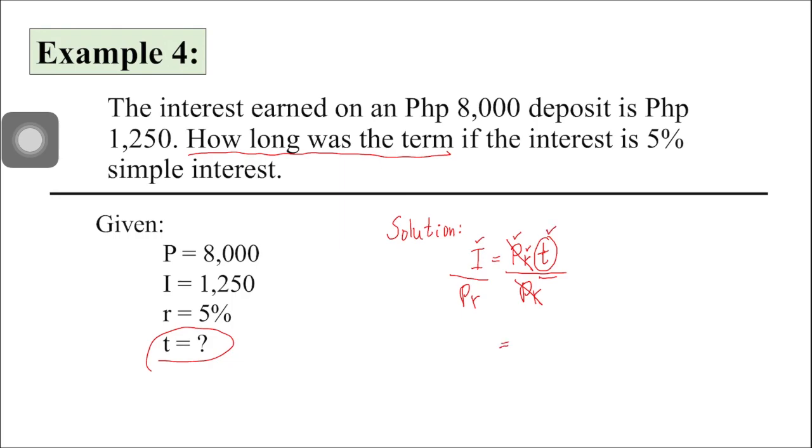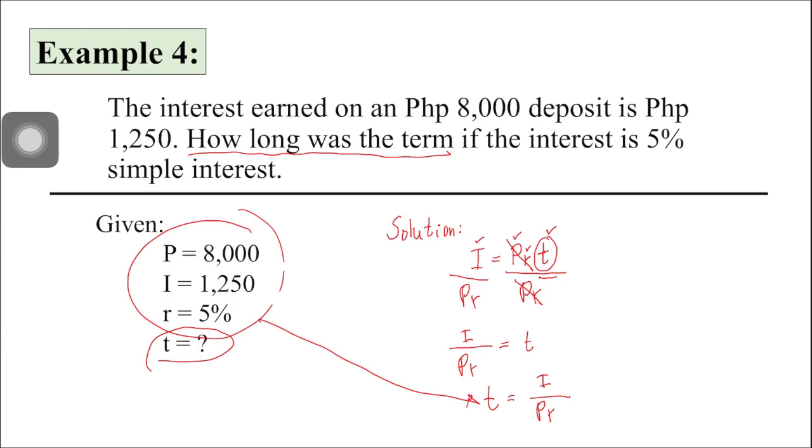So, now you have t is equal to I over PR. Now this is the formula in getting the term or the time. So now substitute the given on the formula.